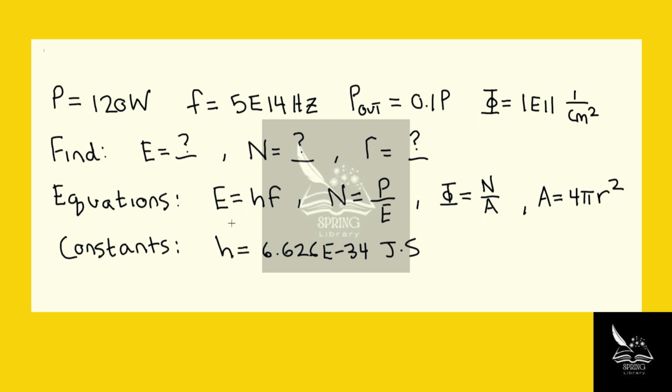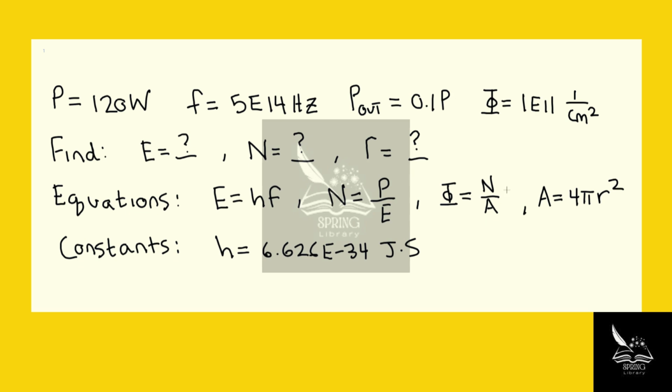So for our equations, we'll need the equation for energy of an individual photon, which is clearly proportional to its frequency by the Planck constant. The number of photons per second is going to be the total power divided by the energy per photon.